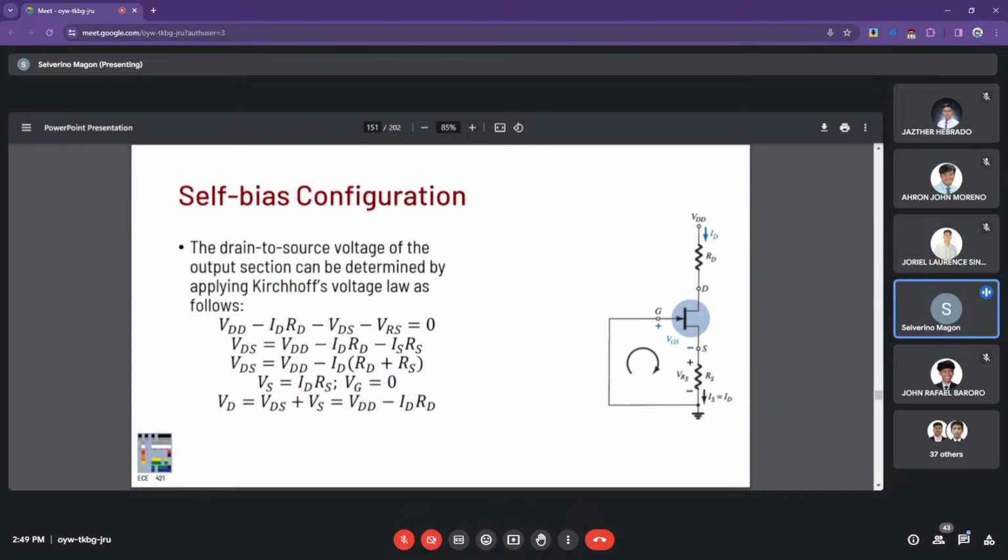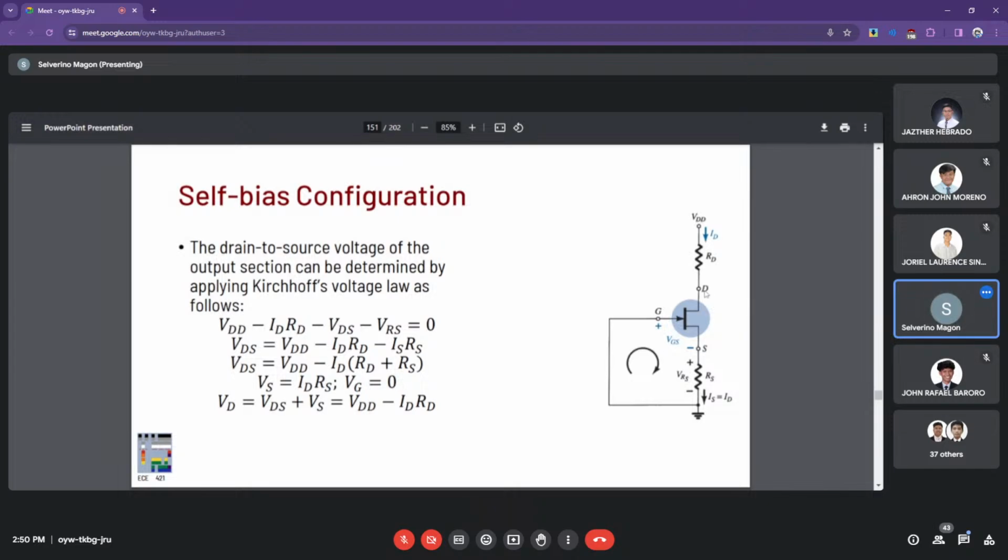What we can take note of is that IS is equal to ID, so we can move that out, and the effects of RD and RS can be lumped together. VDD is a given. ID is something that we can obtain from Shockley's equation. VS here is again IDRS. IDRS or ISRS is kind of the same thing. VG is always consistently 0 for FETs.